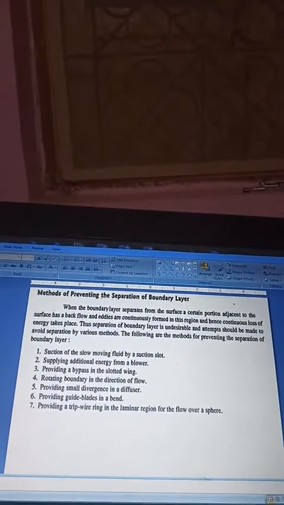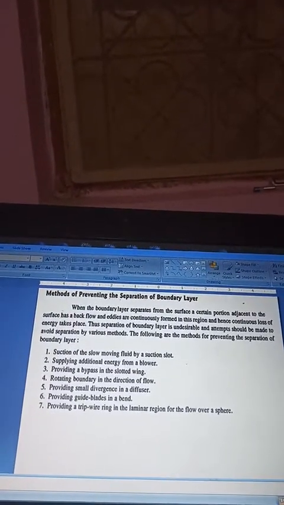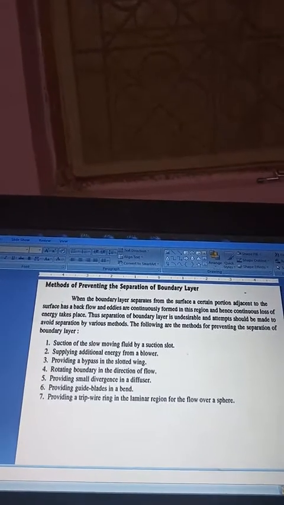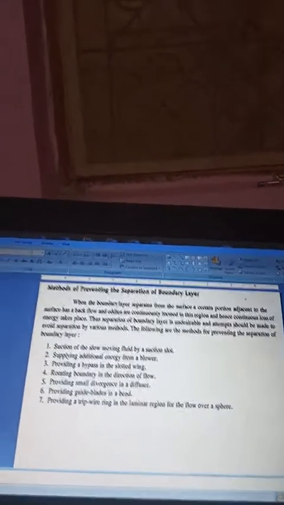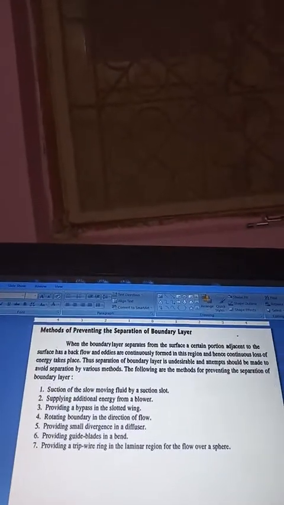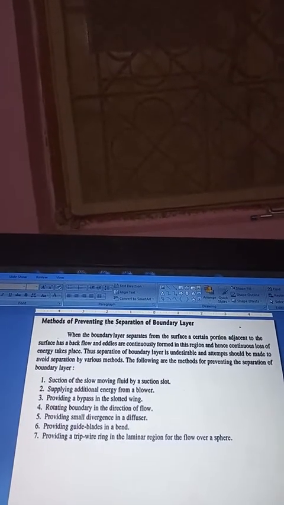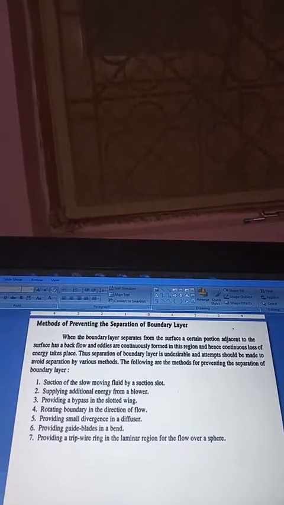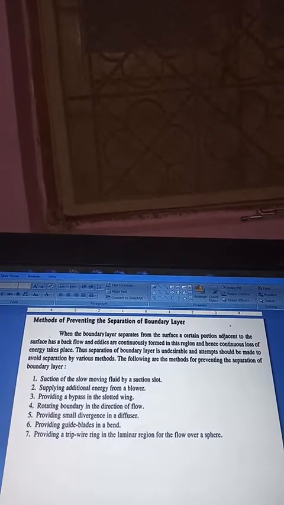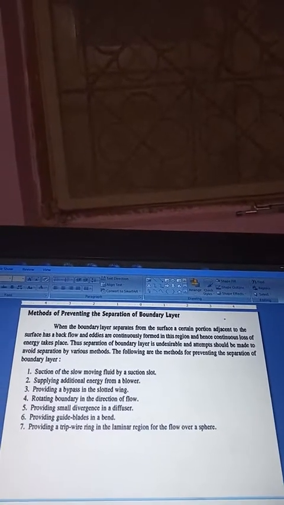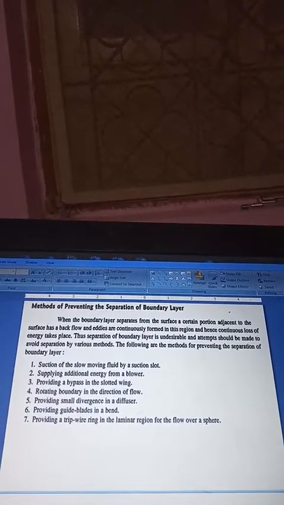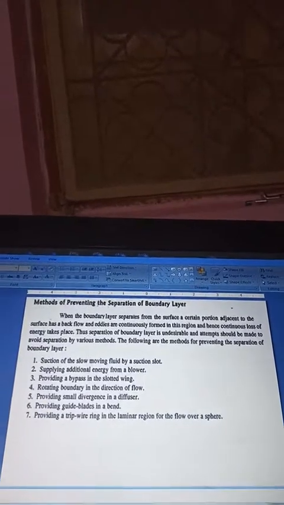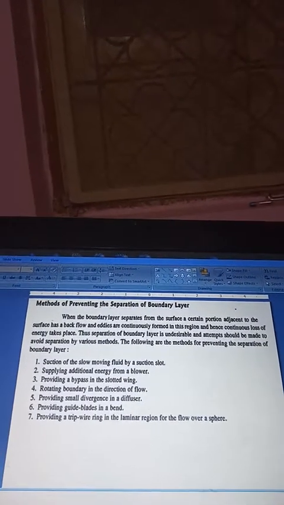So friends, this is about unit number 6. I hope you have understood the main points about this unit, and I suggest that you go through the numericals based on boundary layer thickness, displacement thickness, momentum thickness, energy thickness, as well as lift and drag, and the boundary layer separation.